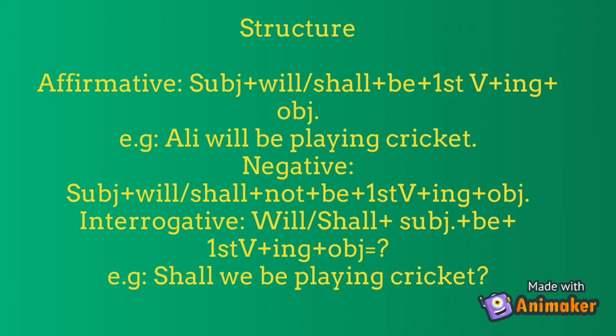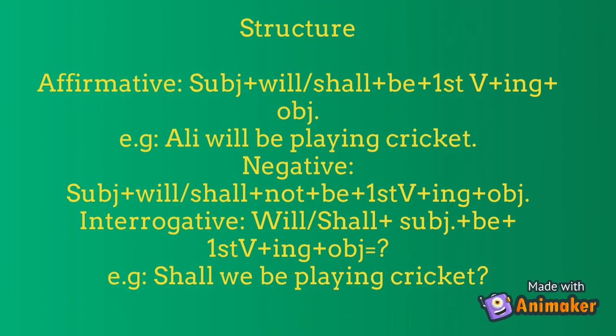In affirmative sentences, we use subject plus a helping verb, which will be or shall be according to the subject or pronoun. Then we have present participle, which is first form of verb with ing, and then we have object.